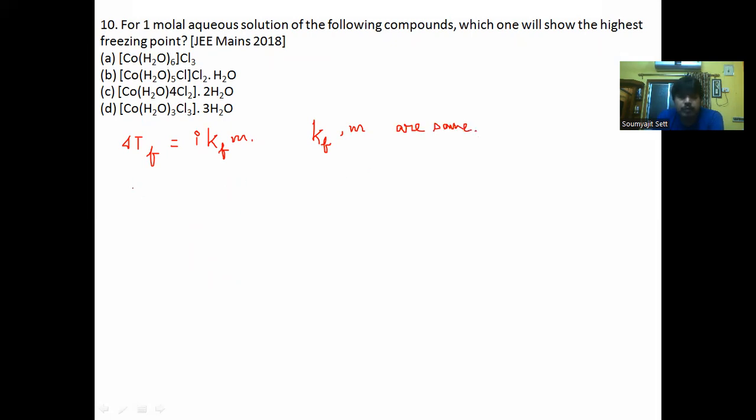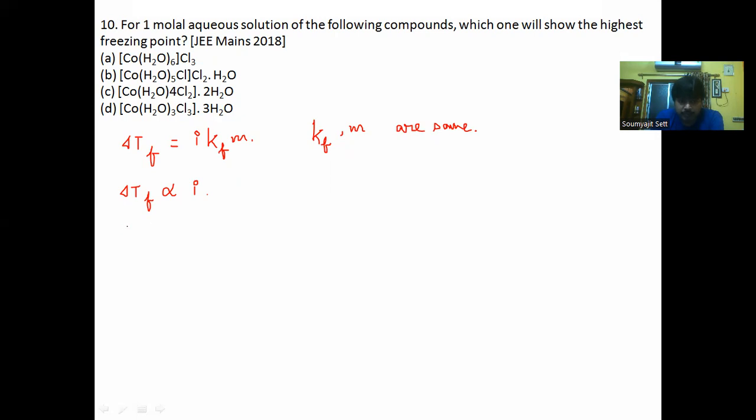So delta Tf is directly proportional to i, and i means how many ions are produced in the solution. That will define i.